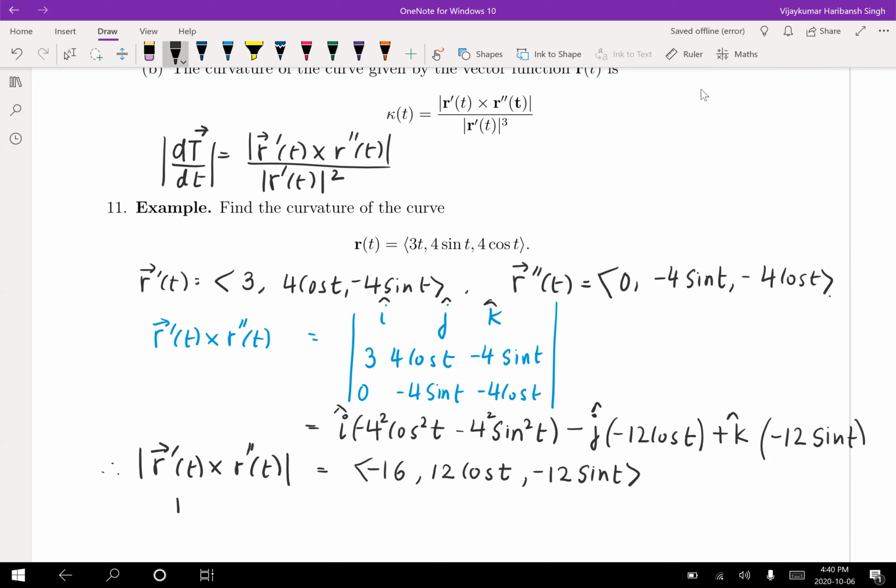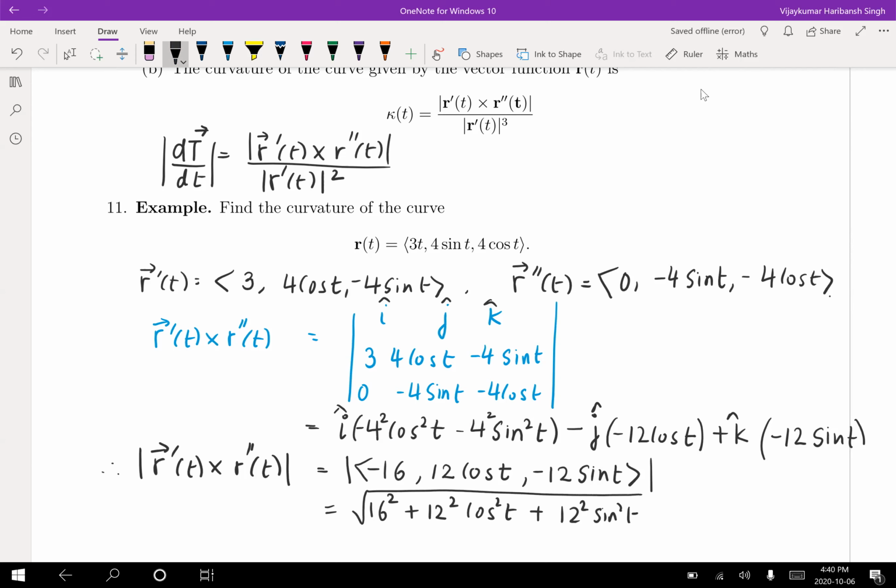And so we want to take the length of this guy. So the length of this one here is going to be the square root of 16 square plus 12 square cos square t plus 12 square sine square t.